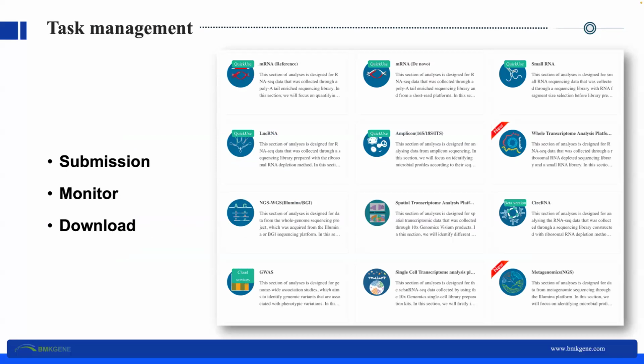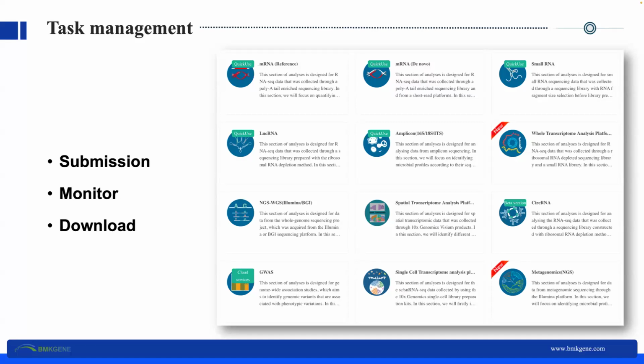In this part, I will tell you about task management. If someone wants to complete an analysis, we should prepare data, do analysis, and download results. In BMKCloud, specifically for sequencing in-house, you can simply divide the whole pipeline into three parts, including task submission, task monitor, and download report.